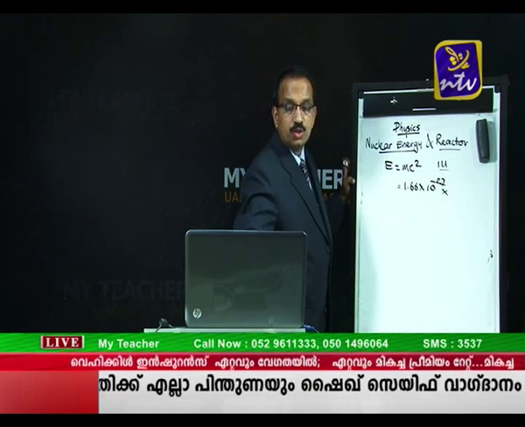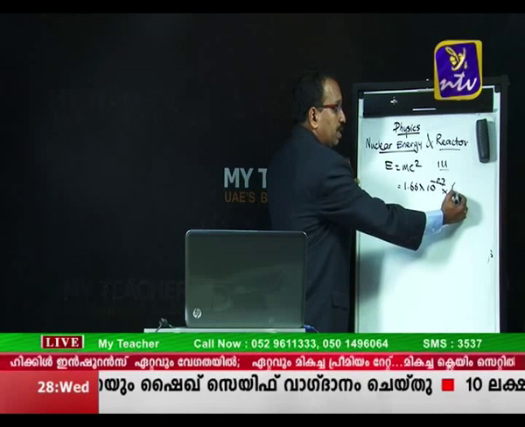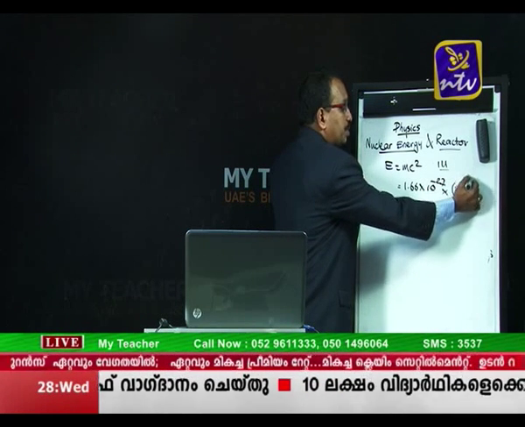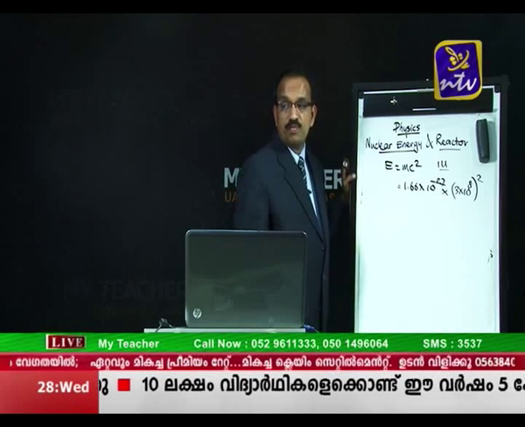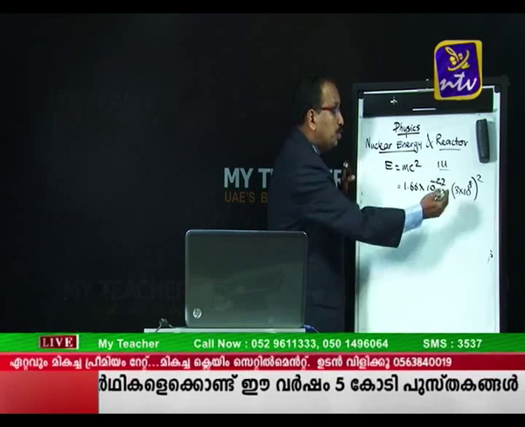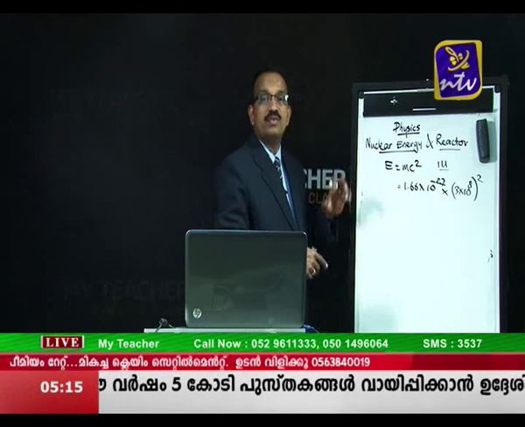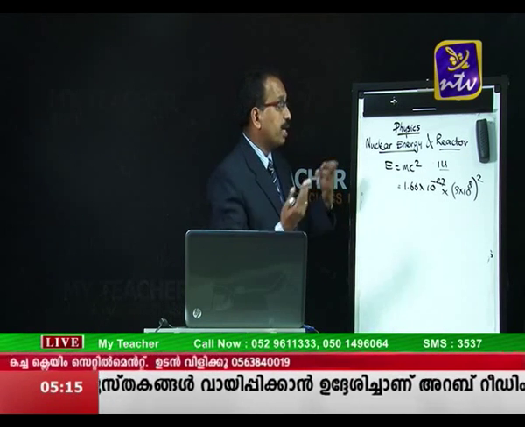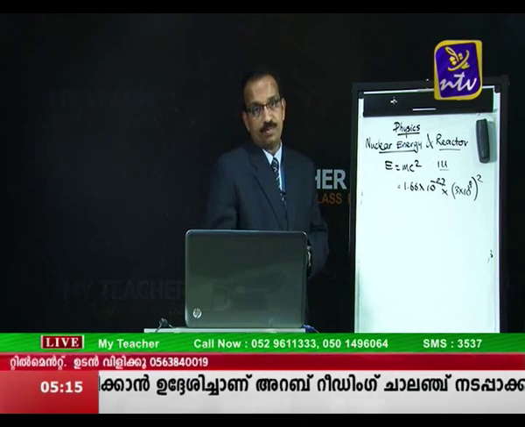Instead of c squared, we have 3 times 10 to the power 8 squared, the speed of light. So this many joules of energy would be released whenever 1 AMU is converted into energy.